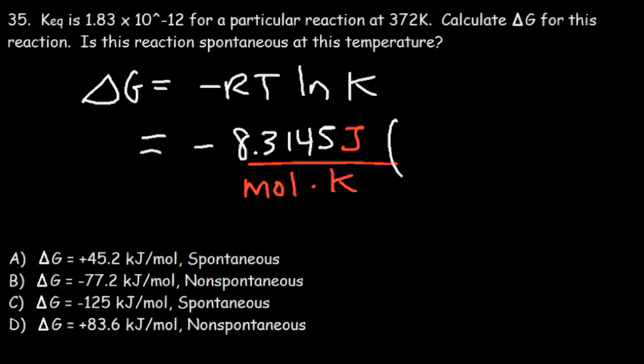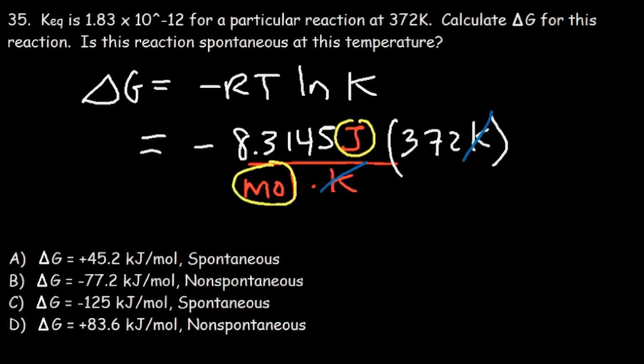And the temperature is going to be in Kelvin, so 372 Kelvin. So the units Kelvin cancel. Initially, this equation is going to give you the units joules per mole, so we're going to have to convert that to kilojoules. And then times the natural log of the value of K, which is 1.83 times 10 to the negative 12.